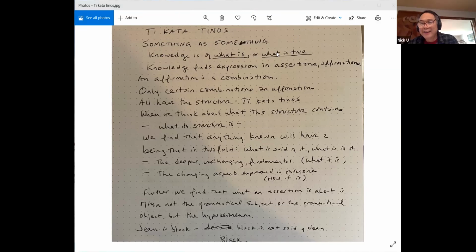Where are they in this universe? That's an excellent question, and it's going to be one of the reasons why this categorical scheme is not going to be repeated in the Metaphysics.